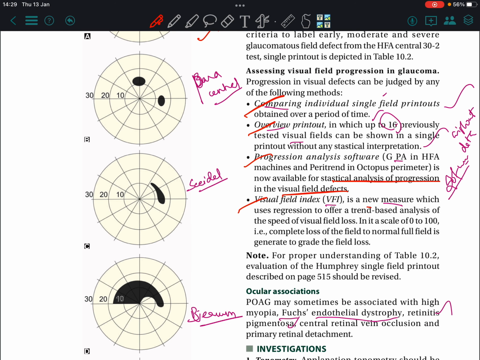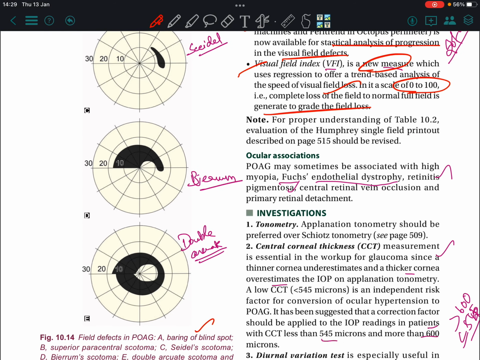Visual field index is a new measure which uses regression and trend-based analysis of speed of visual field defect. In it, a scale of 0 to 100, complete loss of field to normal full field, is generated to grade the field loss.